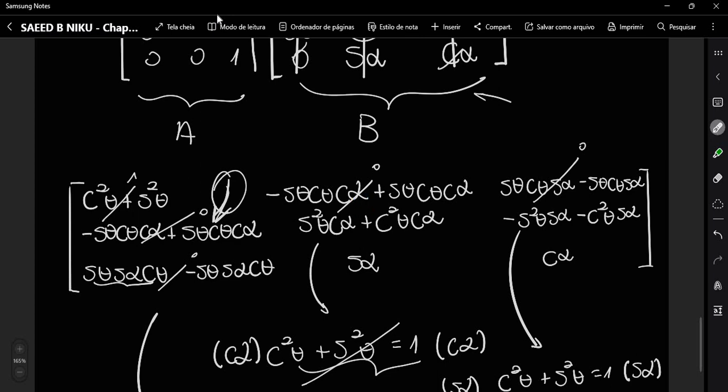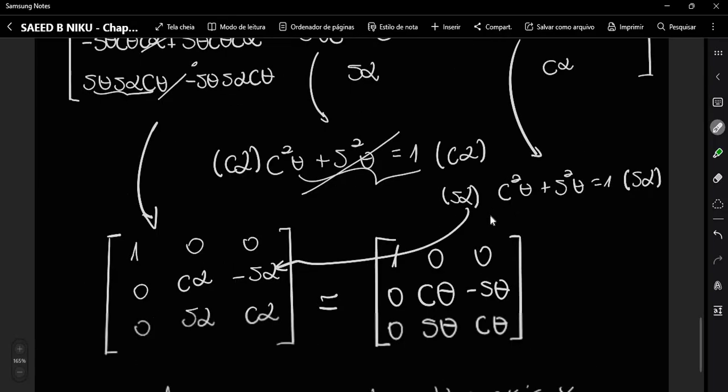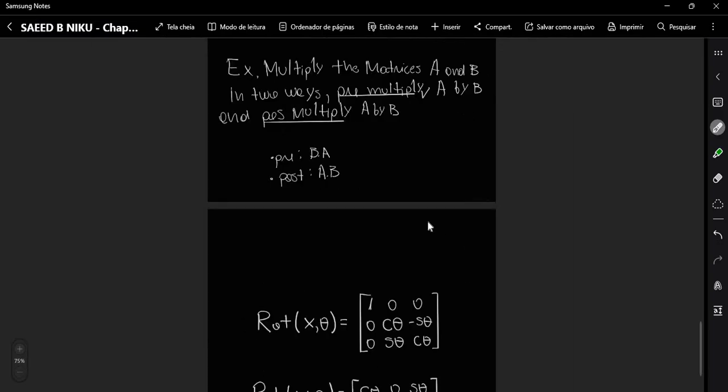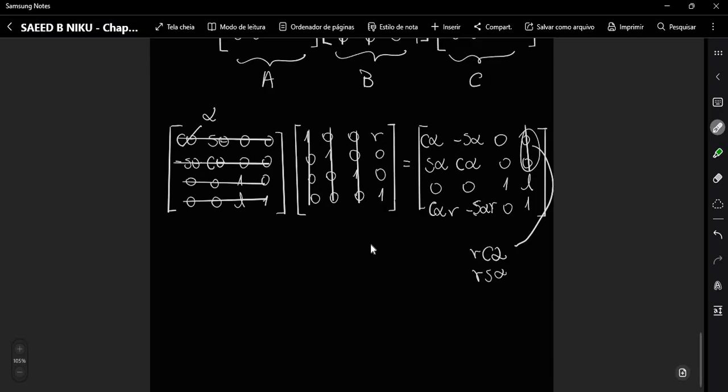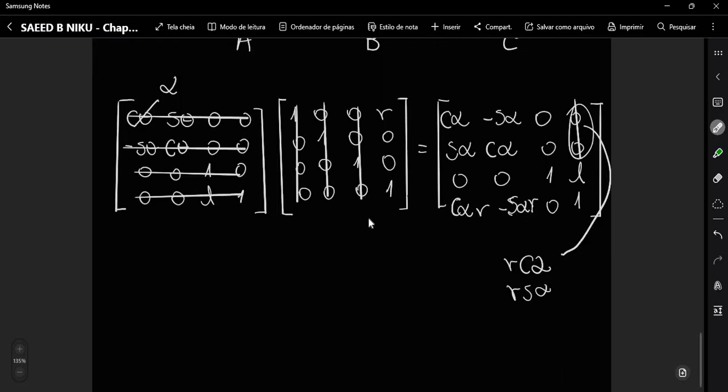Probably the book is wrong, or Octave is having some conflict. I don't know exactly, but for this example, we are getting the correct values.